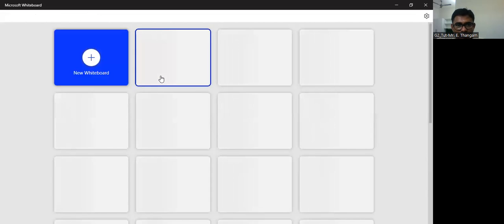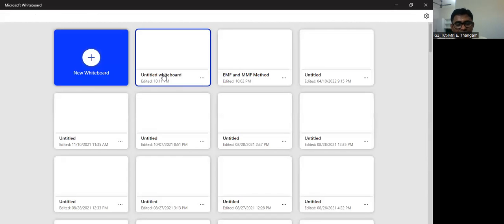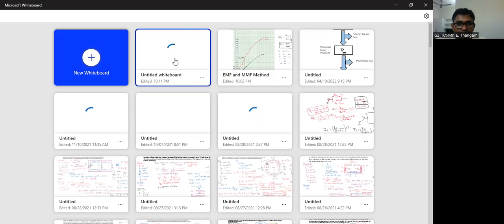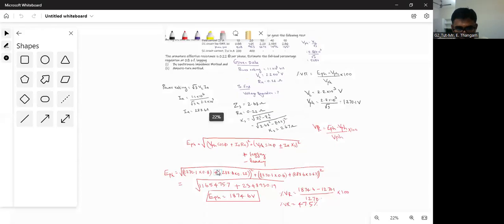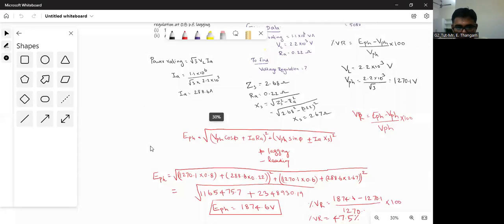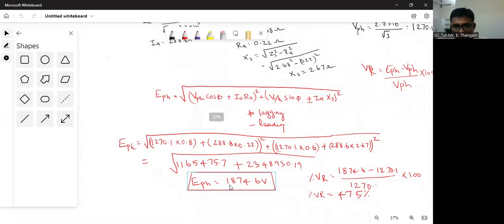Then with the help of the formula, V phase equals root of (V phase cos phi plus IA RA) whole square plus (V phase sin phi plus or minus IA XS) whole square, you can calculate your E phase. For this problem, the value we received is 1874. Then substitute that value in your regulation formula, and you will get 47.5.